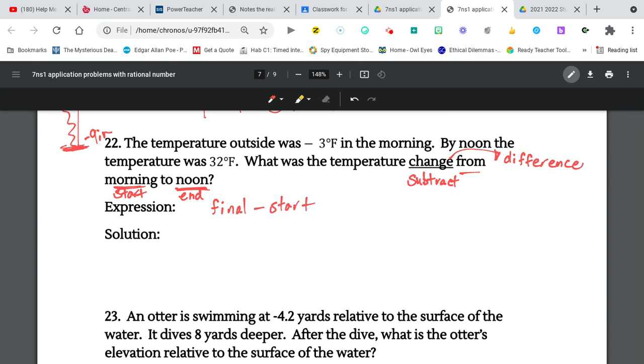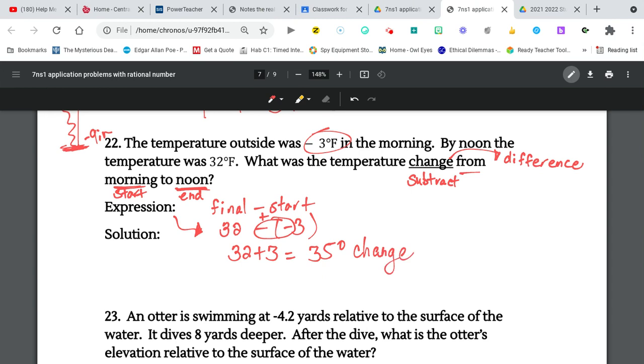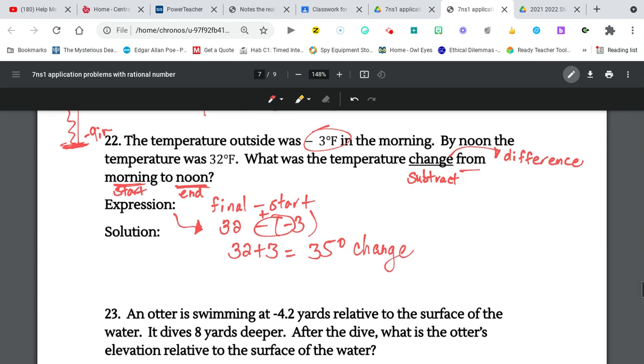Well, the temperature at noon was 32 degrees Fahrenheit minus the start temp, which was -3. That's the expression you want to write. All right, so we actually end up with 32, and this represents a plus, which ends up being a 35-degree change. Basically, the temperature went up 35 degrees, okay?